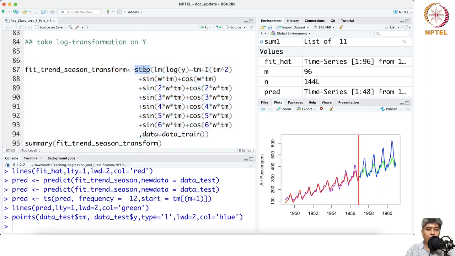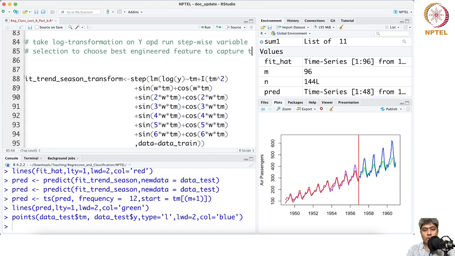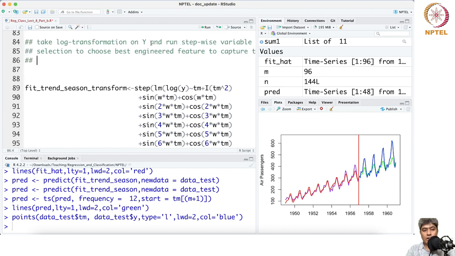that we run a stepwise variable selection to choose the best engineered feature to capture the seasonality.